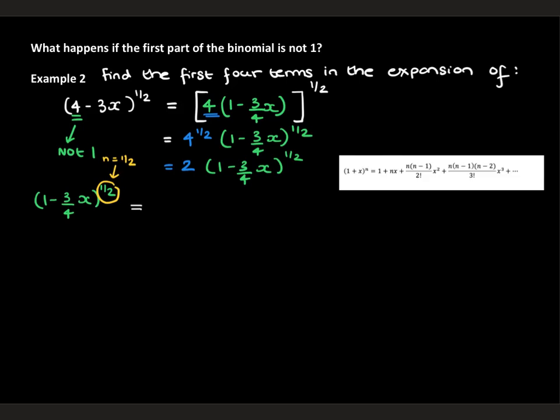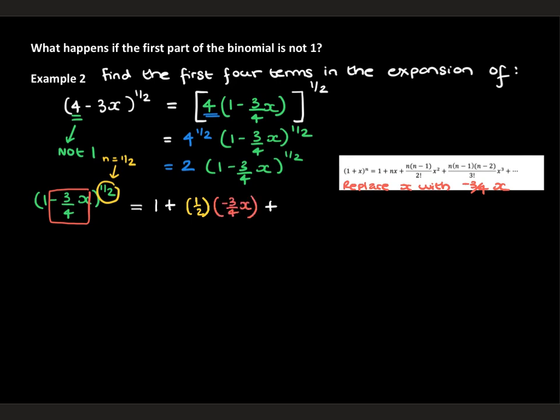So our first term is simply going to be 1, and then we want to add on n, which is a half, multiplied by x. Now in the context of this question, x is being replaced by negative 3/4 x. So this is 1 plus nx, so I want here negative 3/4 x.